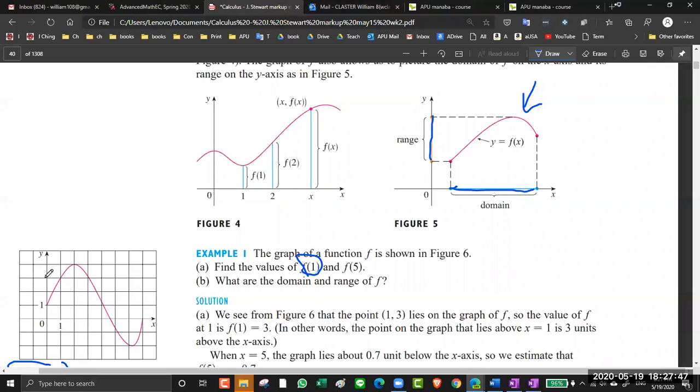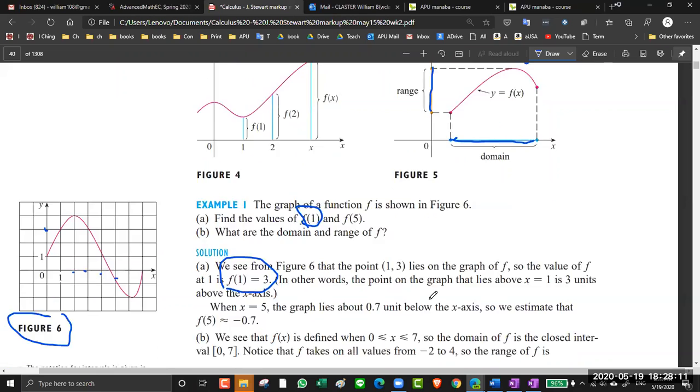Oh, sorry, f of 1 is here. So it's 3 maybe? Yeah, f of 1 is 3. And what is f of 5? Well, that's hard to say, right? f of 5 is somewhere around here. Okay.